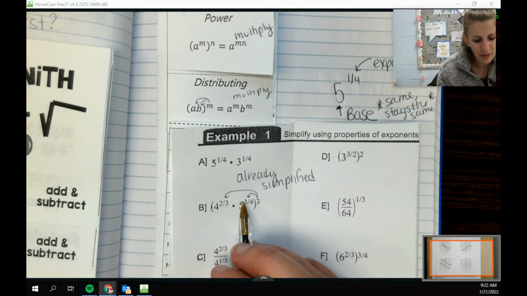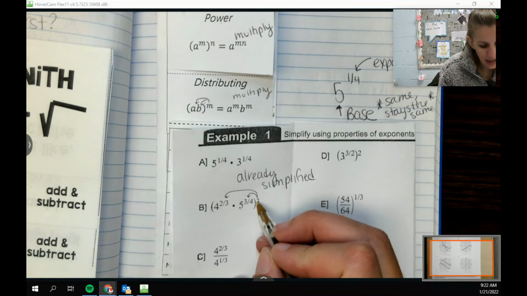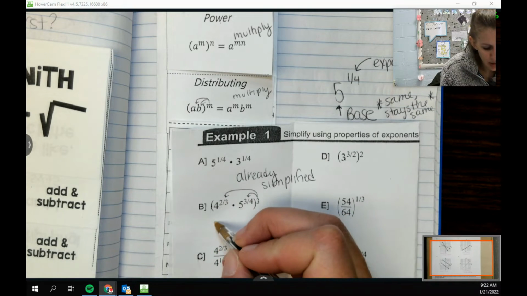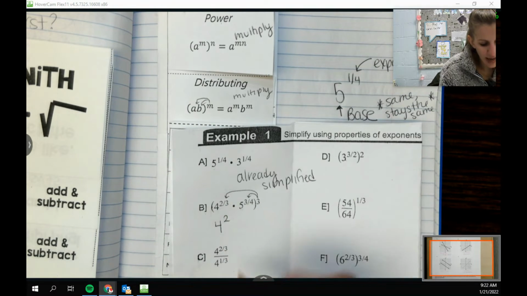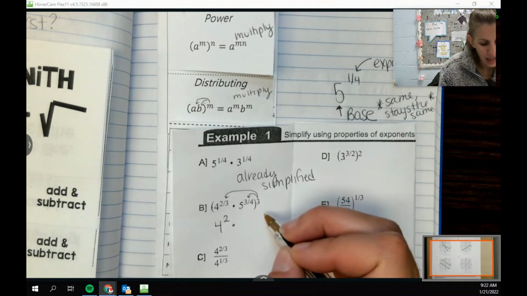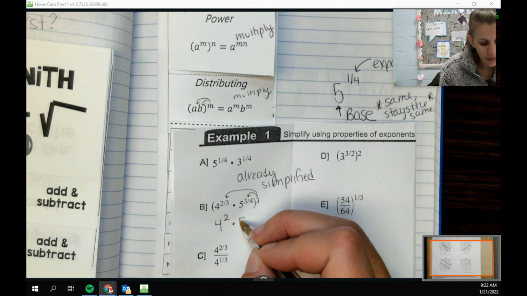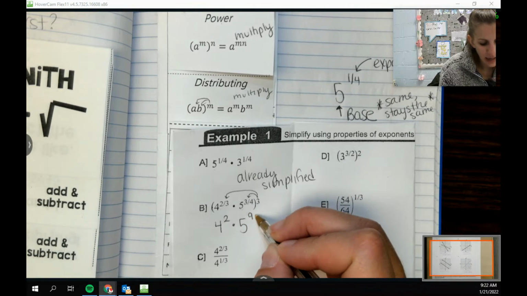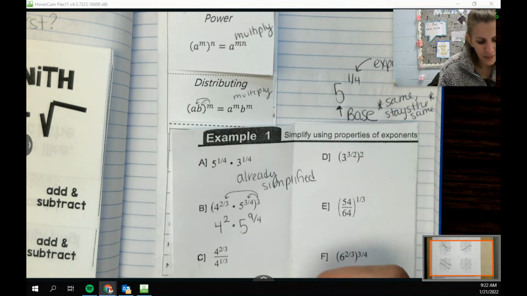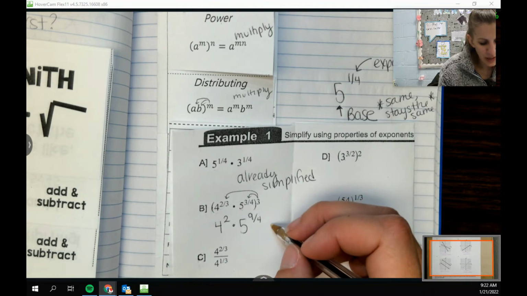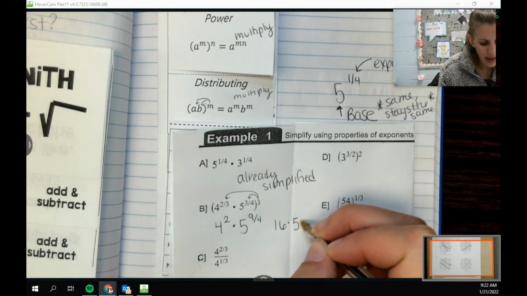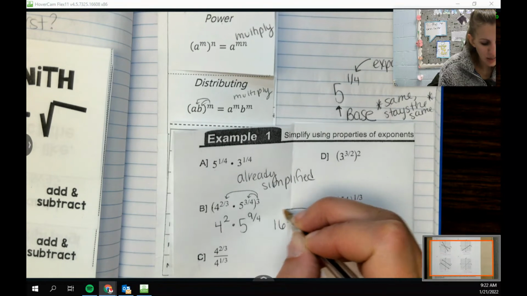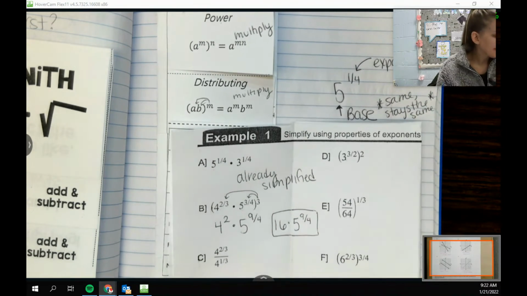So when we distribute, we multiply, and 3 times 2/3 is going to be 4 to the 2nd because the 3 sort of just divide out, times 5 to the 9/4. And then I could probably do the 4 squared. That's 16 times 5 to the 9/4. That's kind of all I can do.